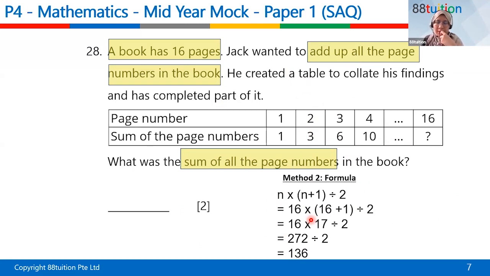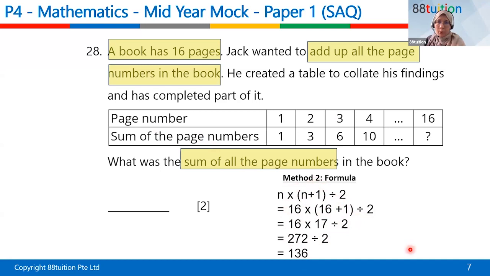Okay, if you have not seen this method, I don't want to confuse you, but basically n means the number of pages that you need. You times 16 plus 1, which is 17. Then this whole thing you divide by 2. When you solve this, you should get 136.